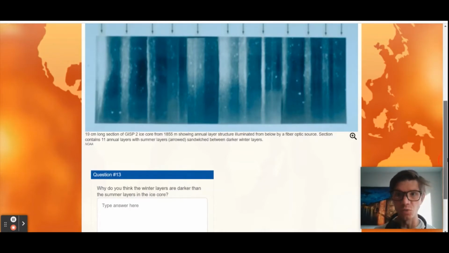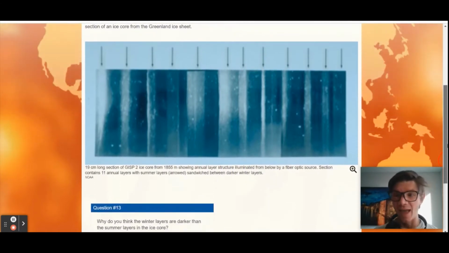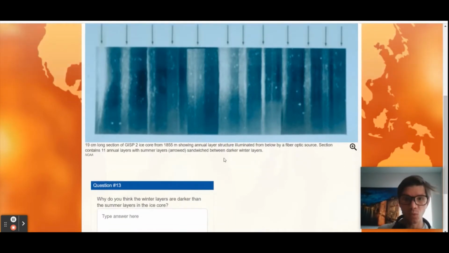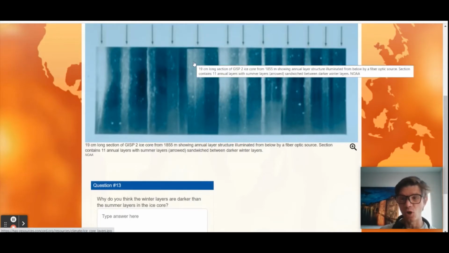So these ice cores are taken at very high altitudes in places that commonly will receive snow year-round. The reason why we see light colors during the summer months is because there's a lot of evaporation happening at lower latitudes, which is causing moist, warm air to enter those higher latitudes and eventually fall.